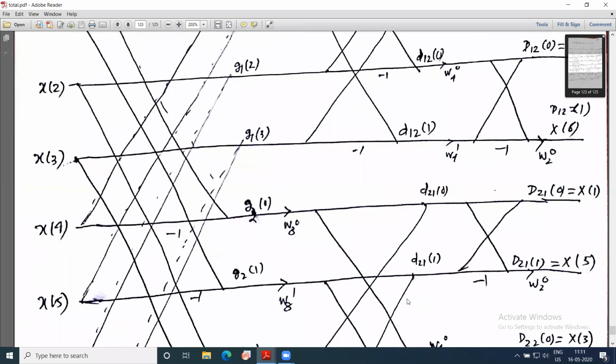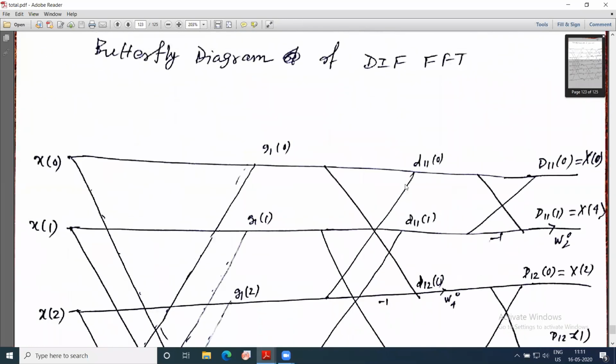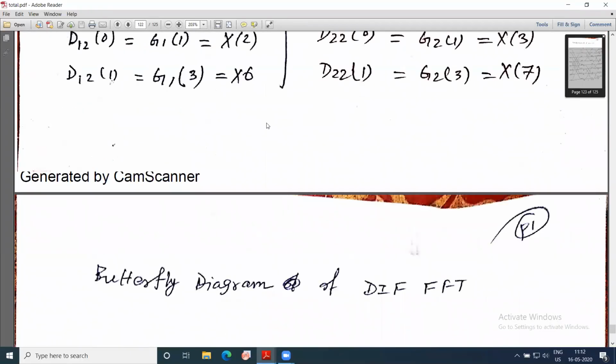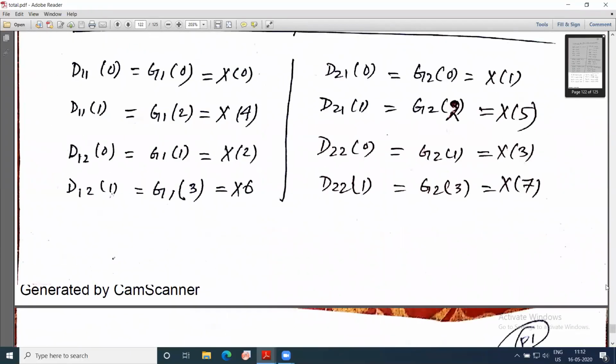Because if you look at this one, this is basically small d1 on of n, which is a 2-point signal. For the 2-point signal, I have to compute the DFT. So this will give you d1 on of 0 and d1 on of 1, and we have seen that these are x0, x4.